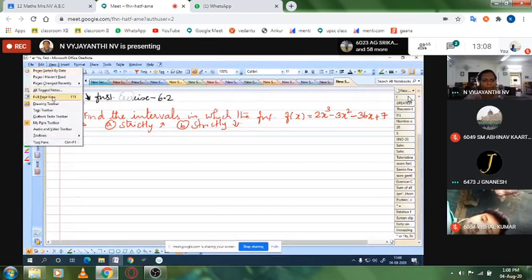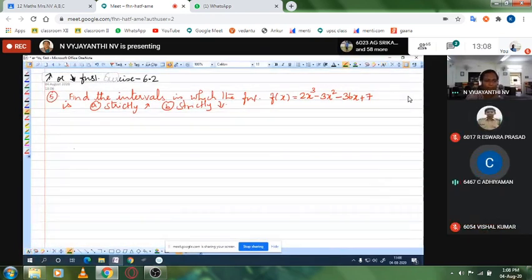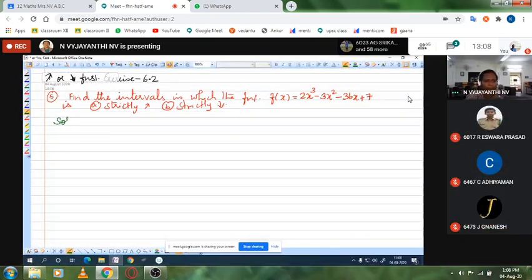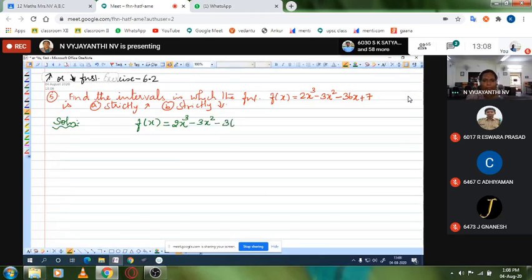Differentiate. First differentiate it. Given f of x equal to 2x cube minus 3x square minus 36x plus 7.